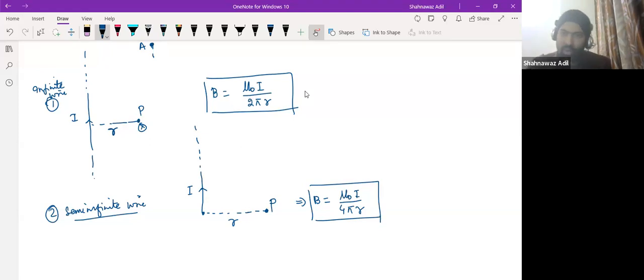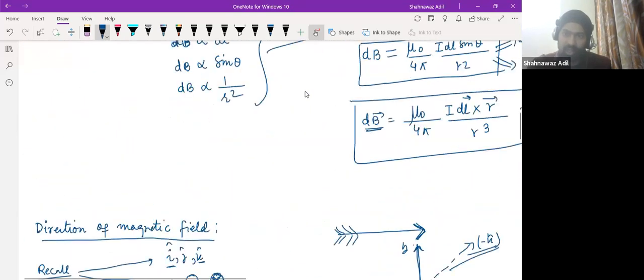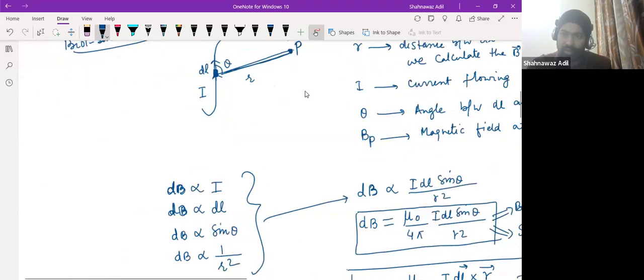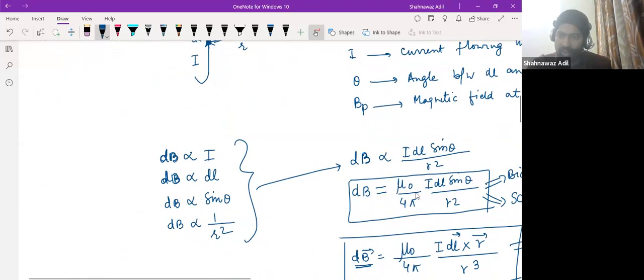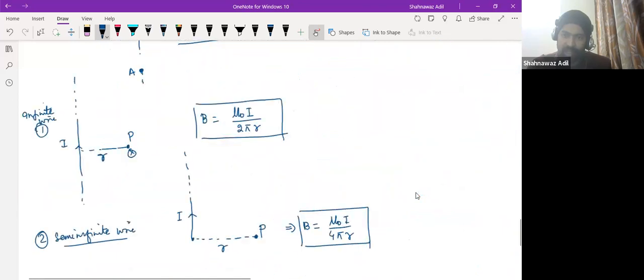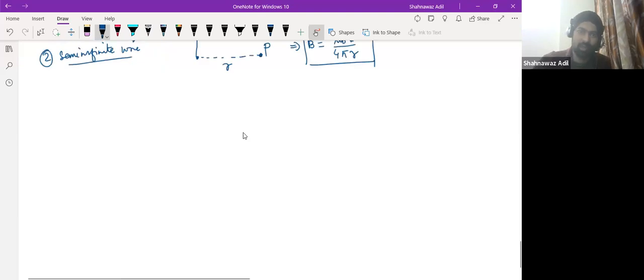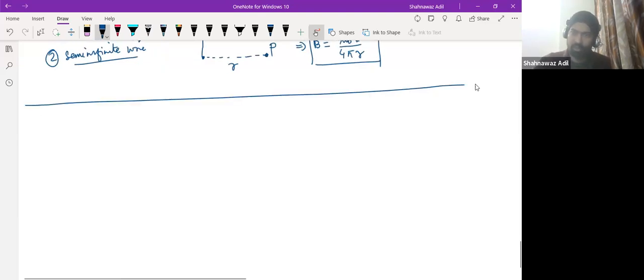Okay, and now I forgot to talk about this mu naught part. So where should I write this? Write this in here. Right? So I should talk about this mu naught. Let's make some box. And what is this?